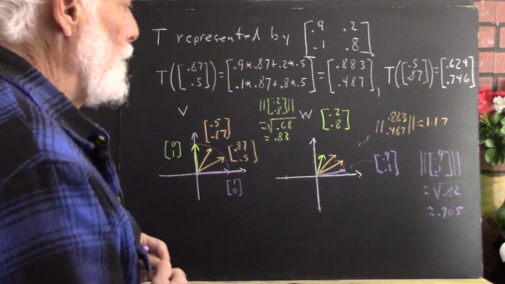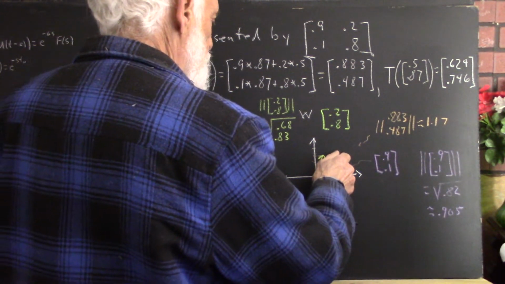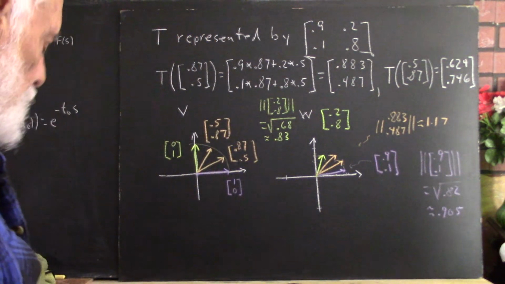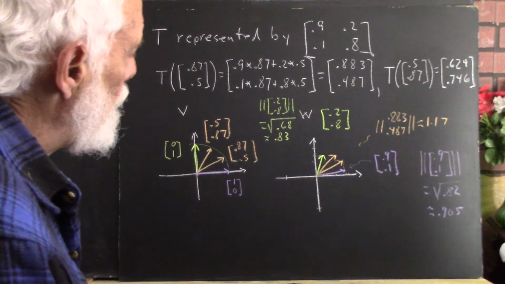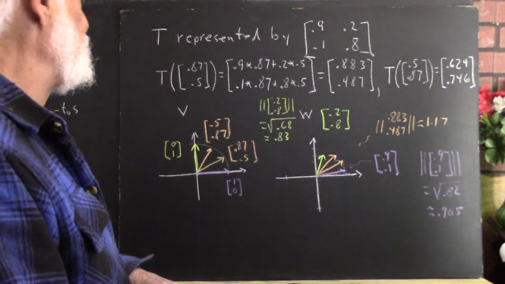Now I haven't labeled that vector because I've got enough labeling. If I add much more, things are going to start getting cramped up. But this vector is also longer than either of these two vectors.